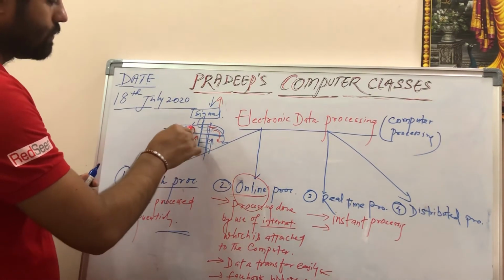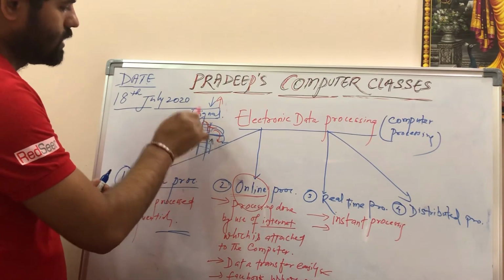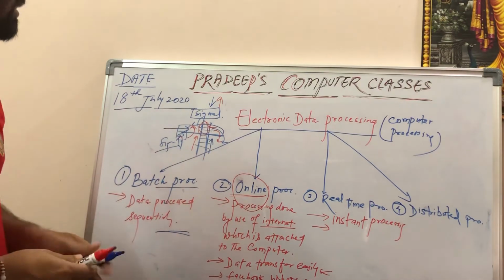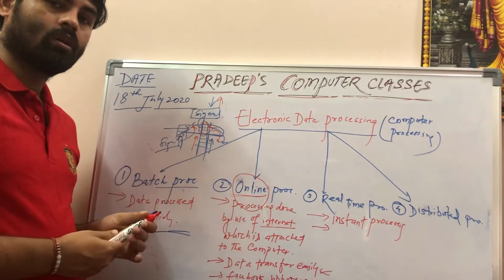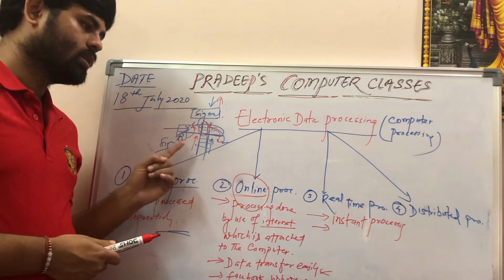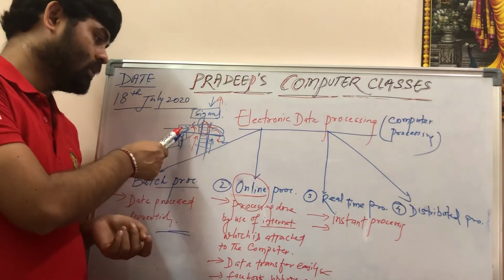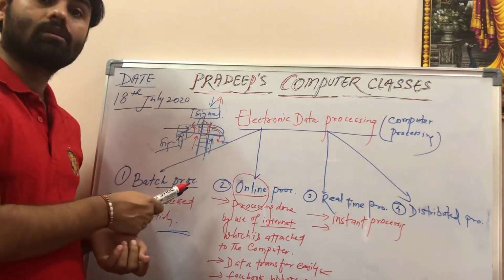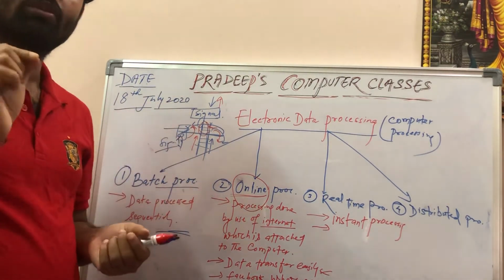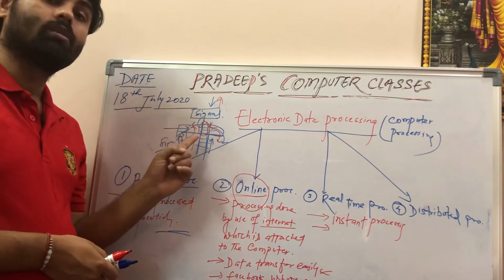What will happen? This train will go, and the people who are traveling here will be in danger. They will die because of the train. That means you can understand that the real-time processing is happening here. They cannot make any mistake. They do not have time to think even for a second. If they make a second's mistake, people will be in danger.